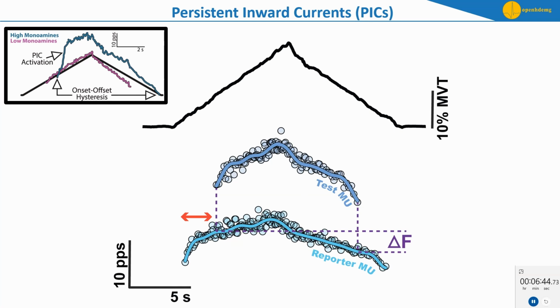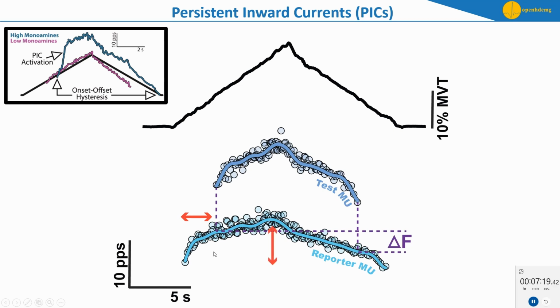The reason is that if you look at this blue trace up here on the top left, you can see that when the PIC is being activated, there's quite high nonlinearity. Whereas once the PIC is fully active, the discharge rate of this motor neuron approximates this black trace much closer. You can see how the slopes here are quite similar. So we look at recruitment time difference between the reporter and the test motor unit, and make sure that there's a sufficient amount of time.